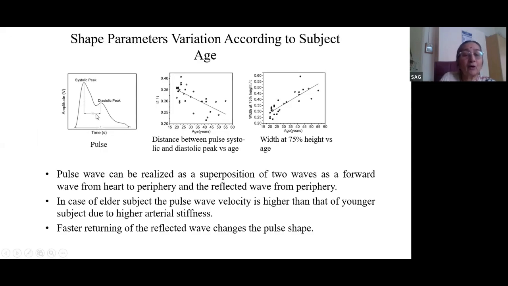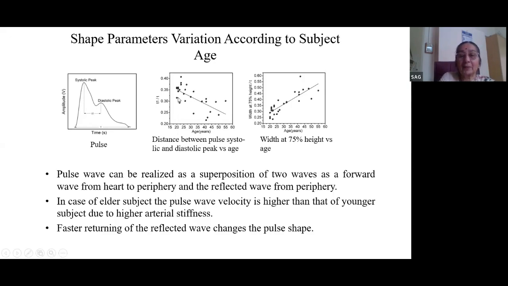So we took the ratio of t1 to t for these different patients to see what happens if the person is aged: the artery becomes stiff, and therefore this can be shown through the systolic and diastolic peak positions. So the distance between the systolic and diastolic peaks versus age was plotted.